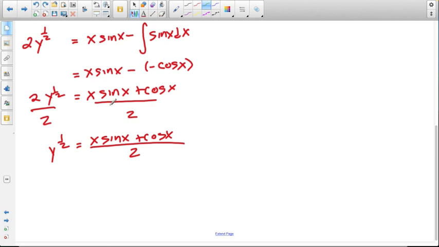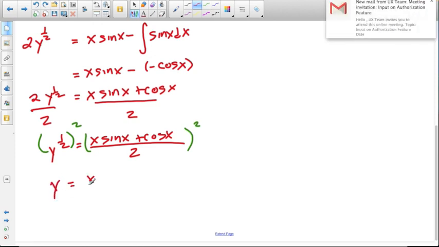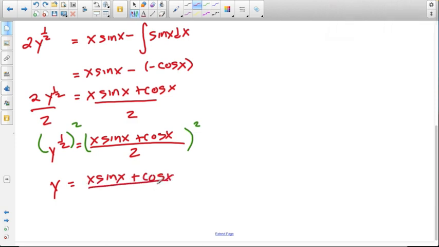So we'll square this side and square that side. And we end up with y equals x sine x plus cosine x over 2 with that whole quantity squared, plus c. We can just tack on the constant of integration at the end, even though we integrated both sides.